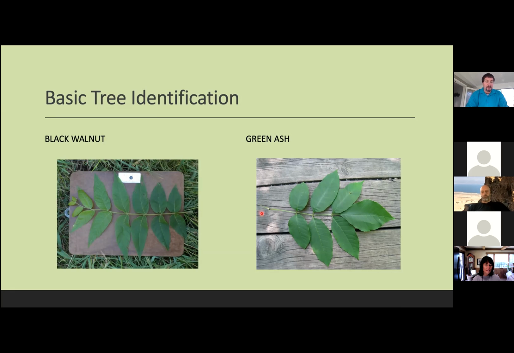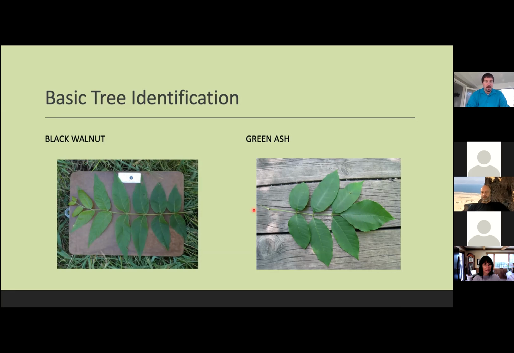The easiest way to tell these two apart is that the green ash is going to have an odd number of leaflets, so it's going to have one sticking off the end, whereas the walnut is going to have an even number, and it doesn't have the single leaflet coming off the end. But the walnut is really valuable for specialty timber uses and things like that.